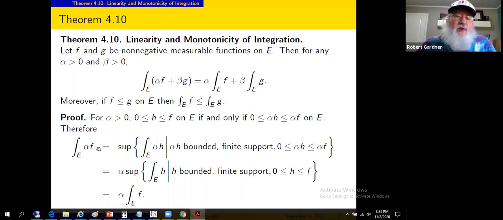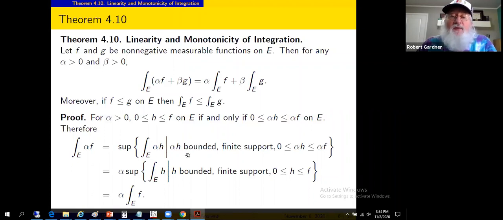What is the integral over E of alpha f? Well, that'd be the sup of the integral over E of all functions of an appropriate sort. I'm going to take this integrand, let's call it alpha h, to be a bounded function of finite support that's less than or equal to the integrand over here, alpha f.